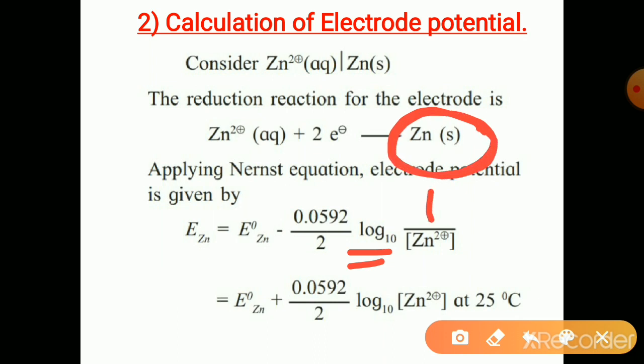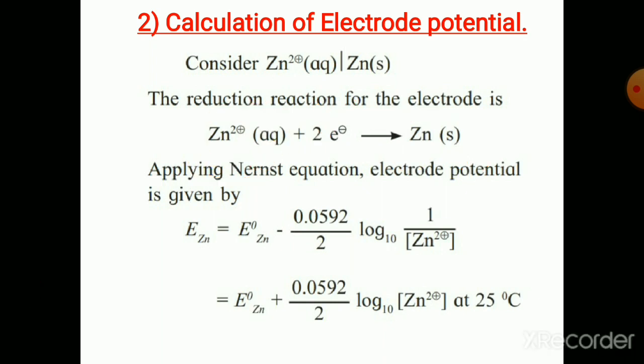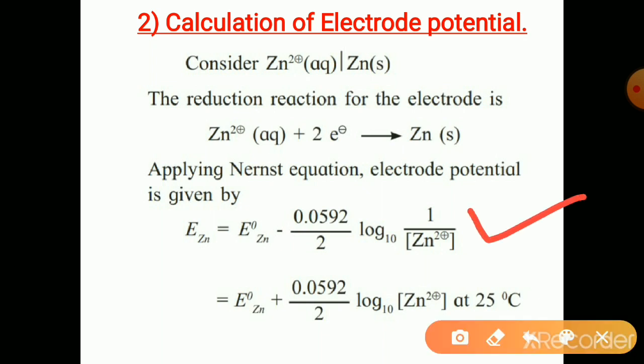Electrons do not appear in this reaction quotient expression. So the concentration of zinc ions is included because it is aqueous. In this way it is written.